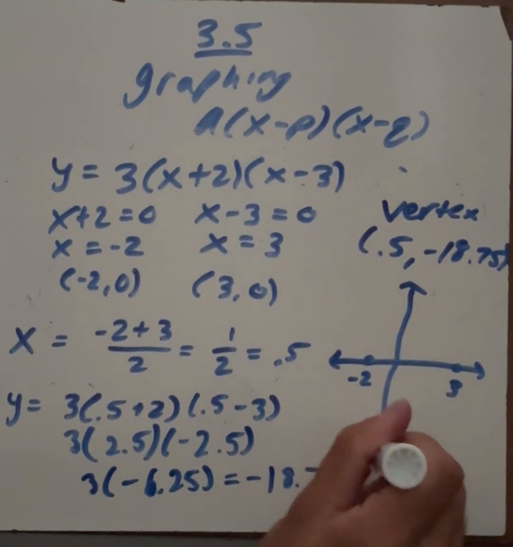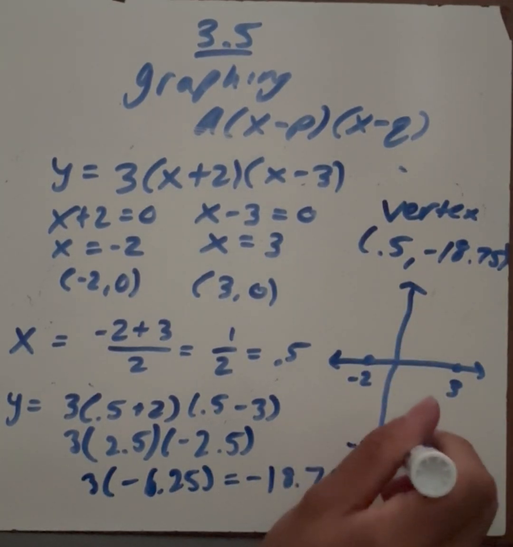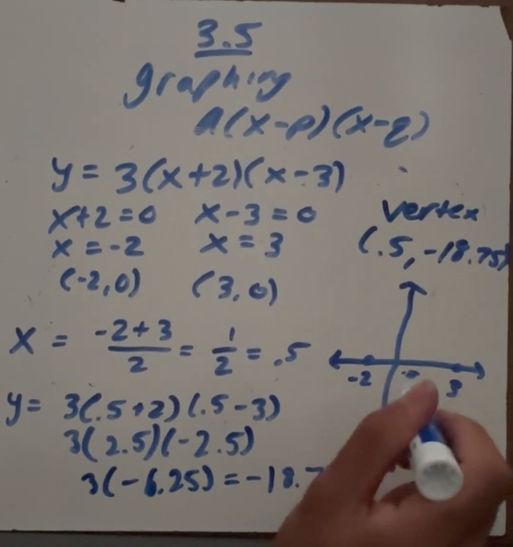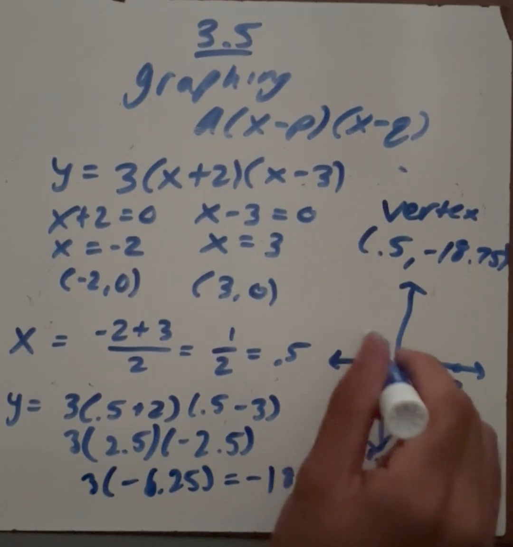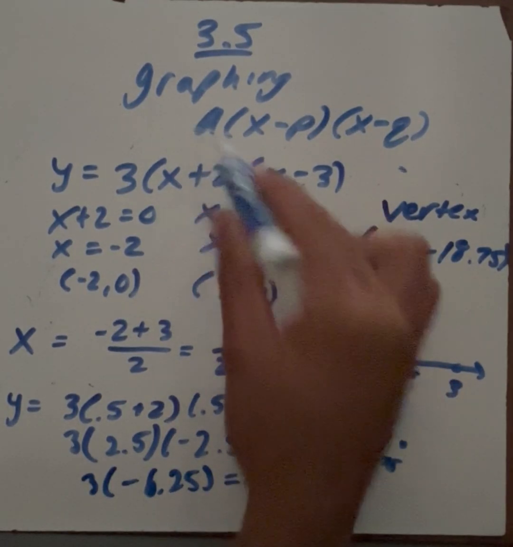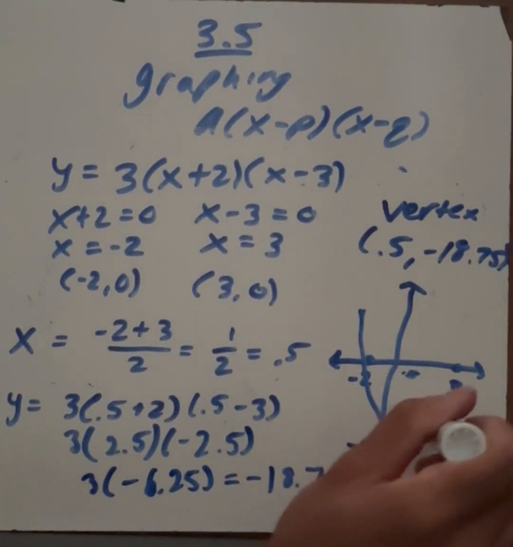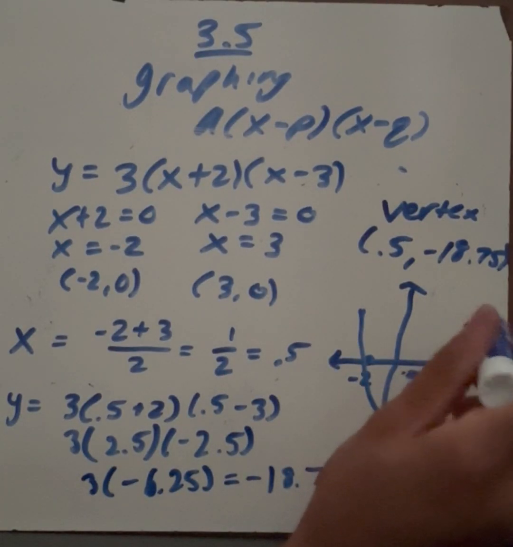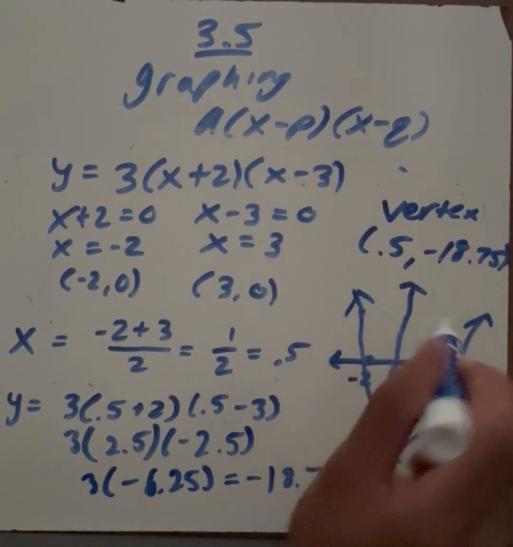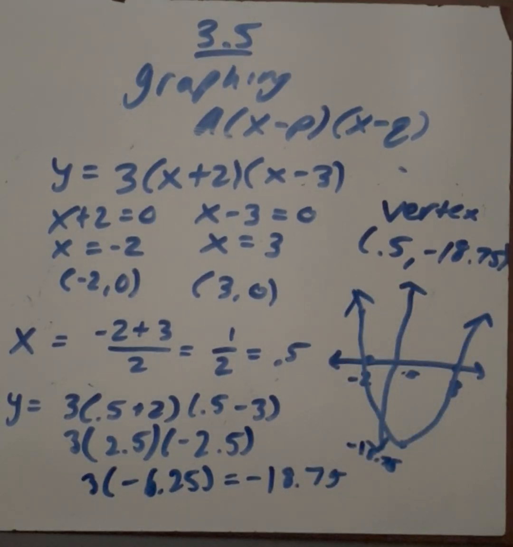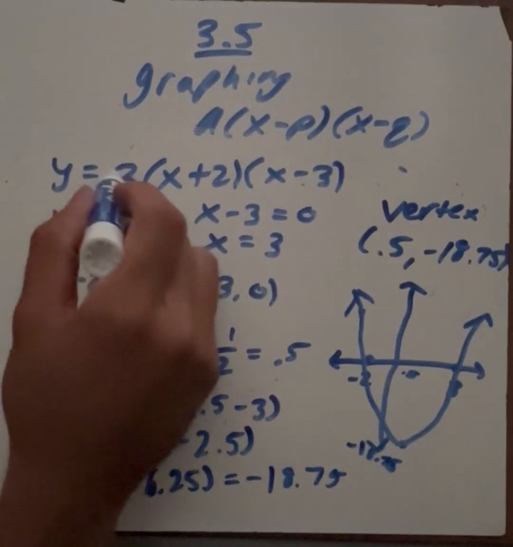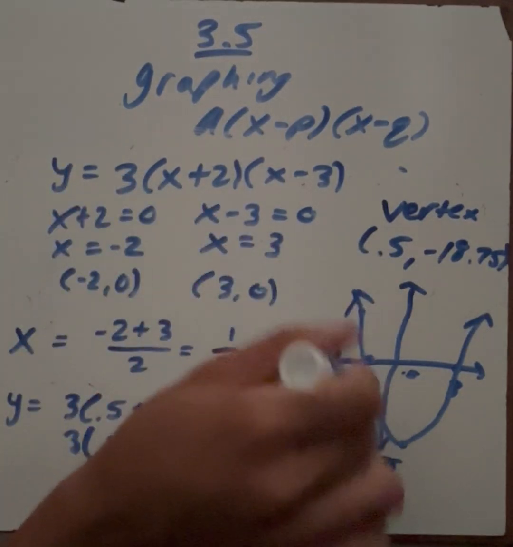This would be negative 18.75 way down here, and this would be 0.5. And because our a is greater than 1, it's going to be facing upwards like that, and then we have a good answer. If this was a negative 3, note that this would be facing downwards.